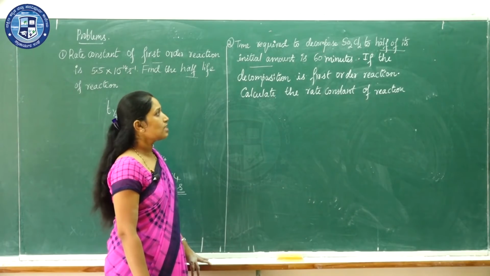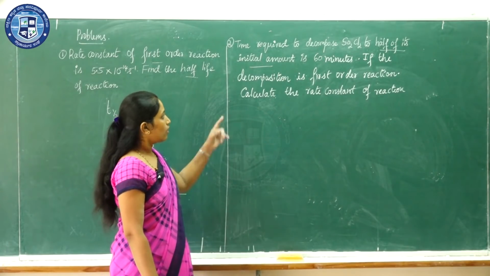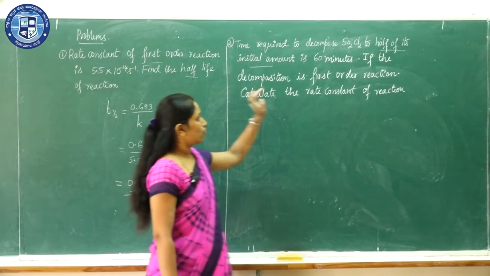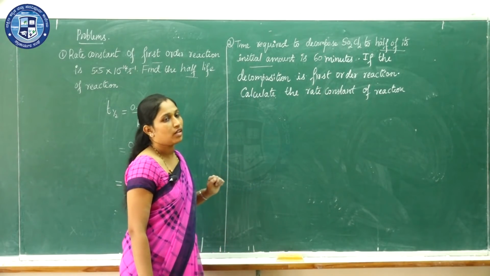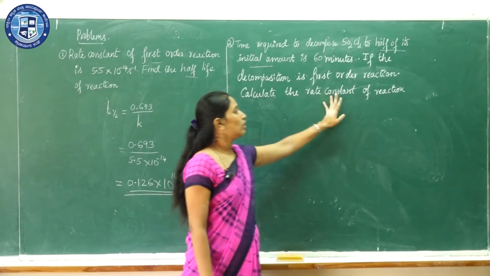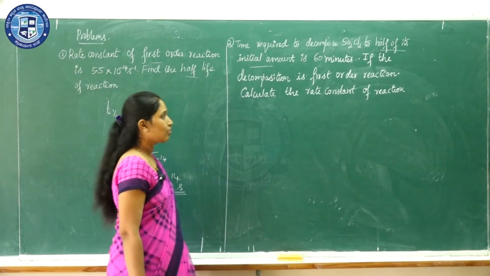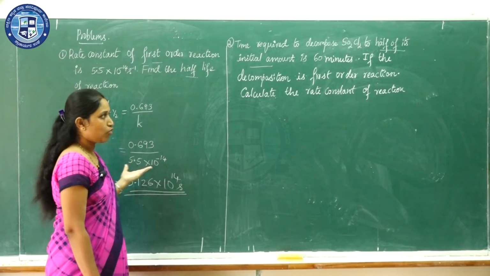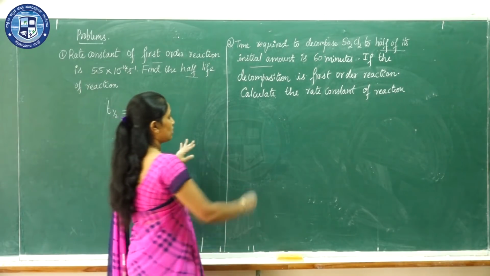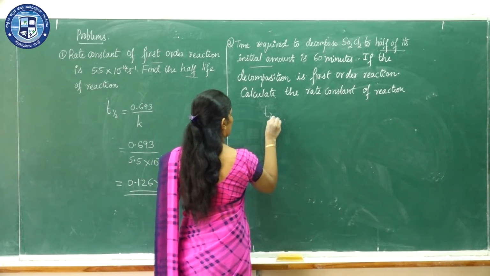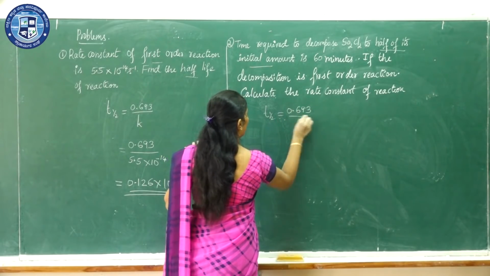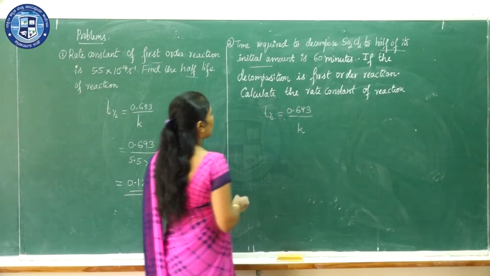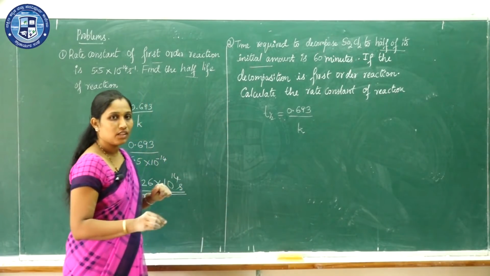If the decomposition is a first order reaction, calculate the rate constant. Again, which formula you have to use? The same formula, T half is equal to 0.693 divided by K.